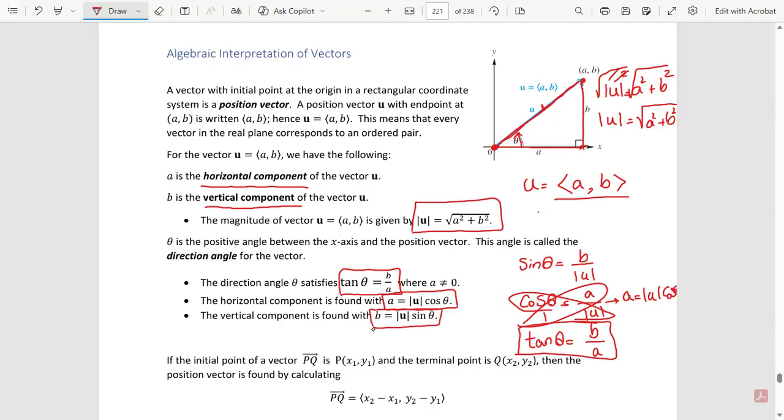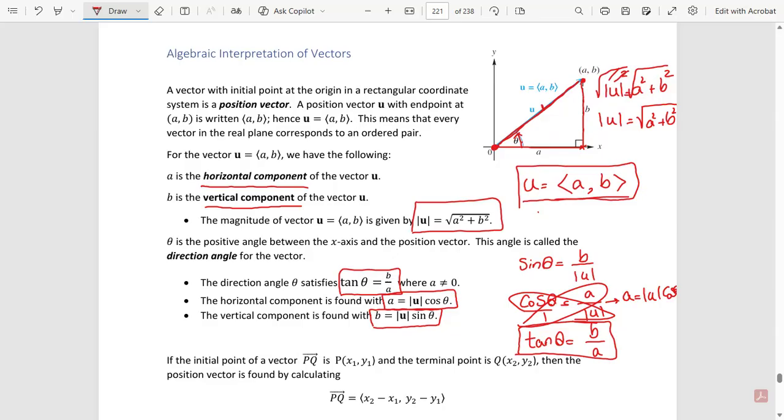But we only use this formula if the magnitude and the angle, the direction of the vector, is given to us. But if we have the vector components, a and b, that means we know the horizontal and vertical components. We don't need to use those formulas to find them.